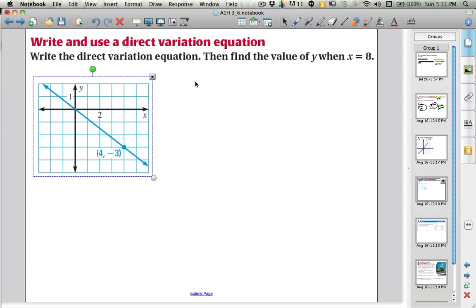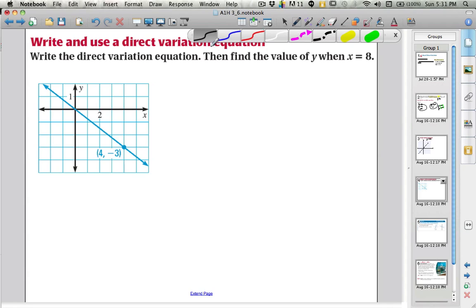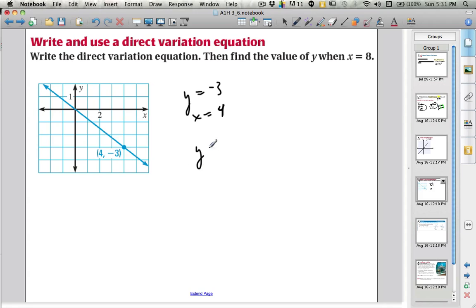If I want to identify and write a direct variation model, I can take a look at these two items. I see that y is equal to negative 3 when x is equal to 4. If I put those into my direct variation model, y is equal to a times x, putting negative 3 in for y and 4 for x, I can solve for a by dividing both sides by 4.